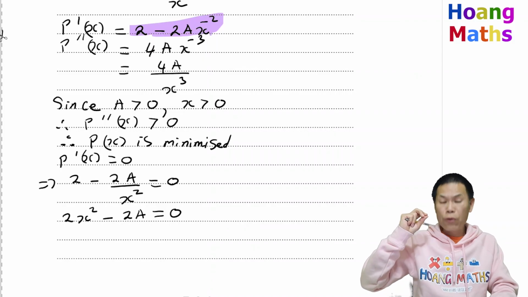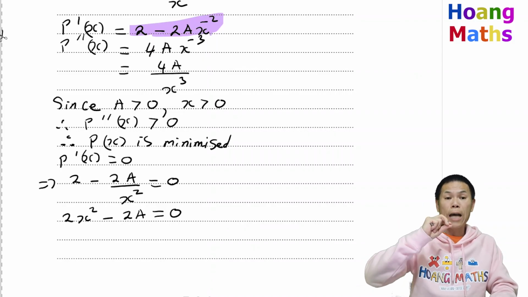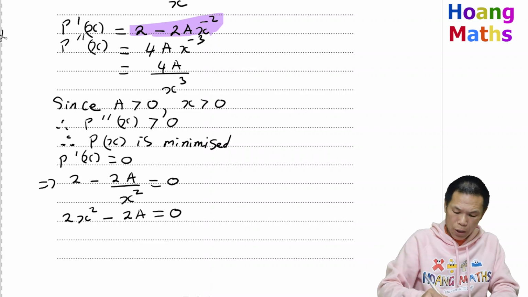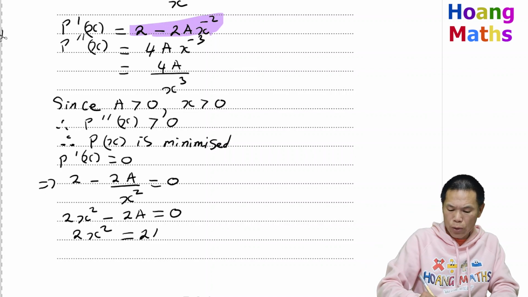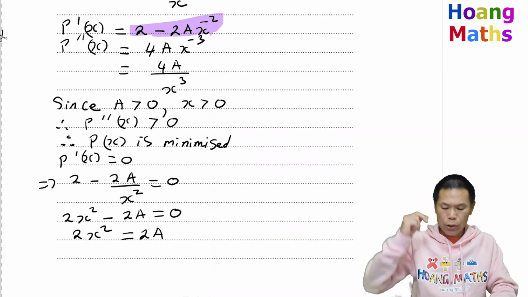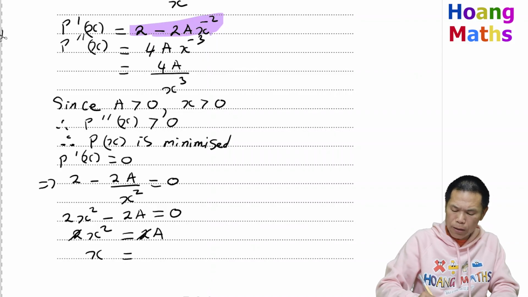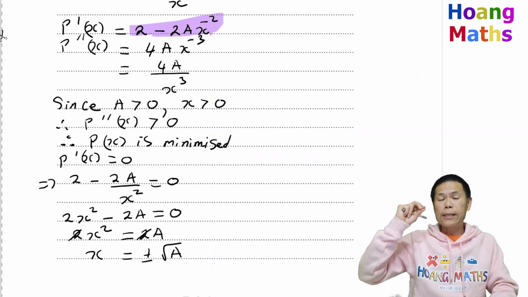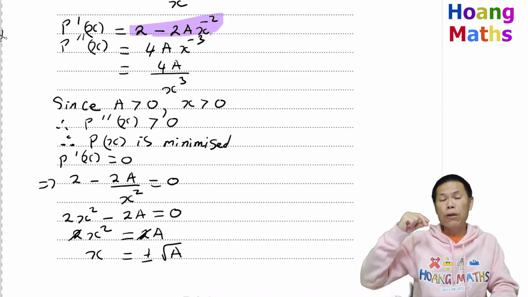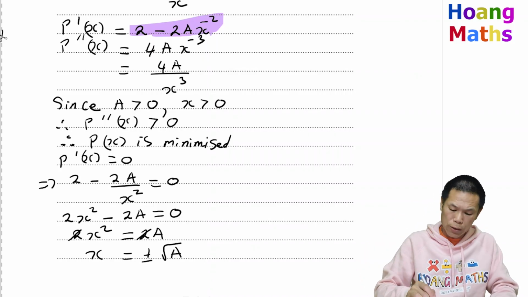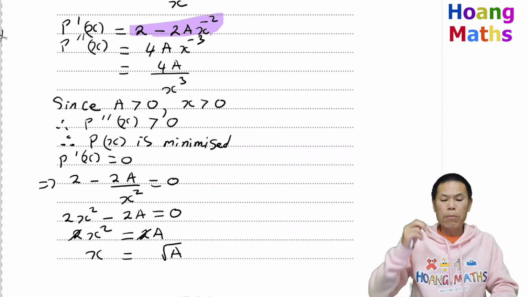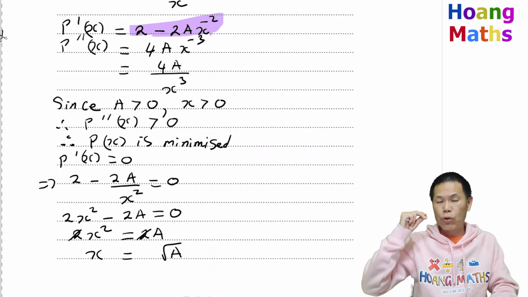Then I move the 2a to this side, becomes positive. So that means 2x squared is 2a. And I divide everything by 2, and I square root both sides. So that means x is plus or minus square root of a. And since x is positive and a is positive, I just ignore the negative sign. So that means x is square root of a.